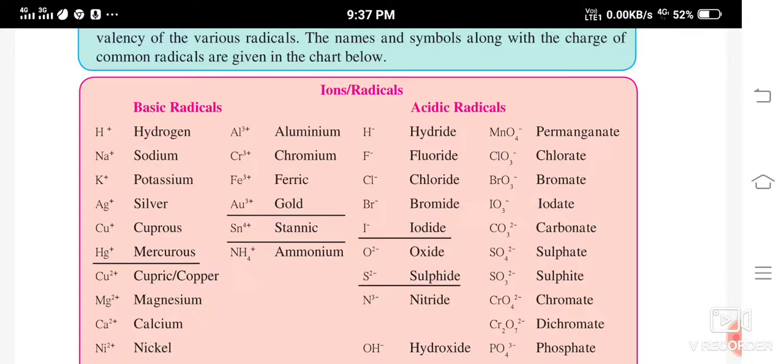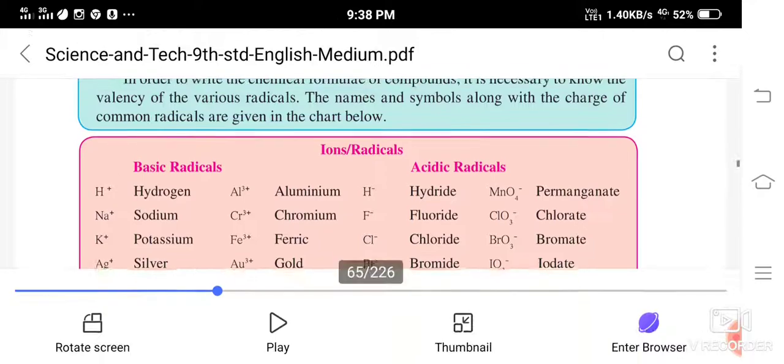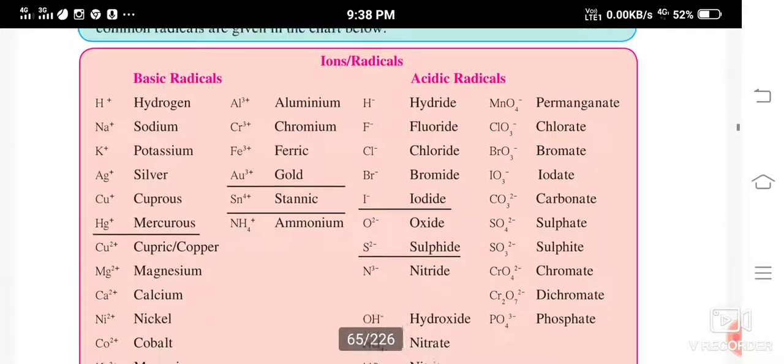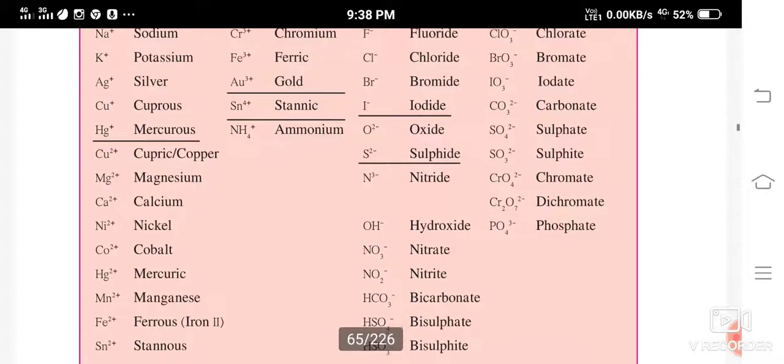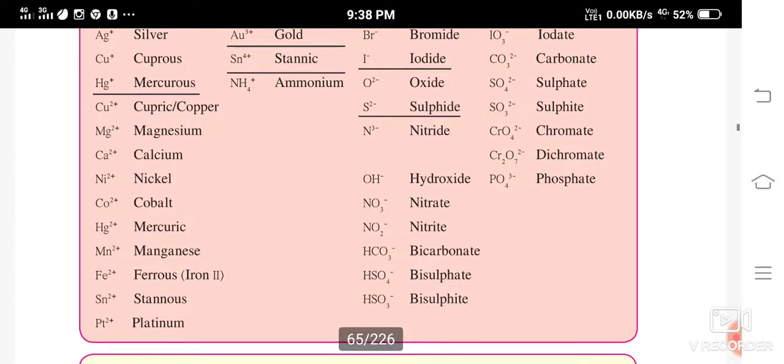The symbols are given: H, Na, K. The valencies, the charges, are given along with the names and symbols. Hydrogen is 1 plus, sodium 1 plus, potassium 1 plus, silver 1 plus, cuprous 1 plus, mercurous 1 plus.